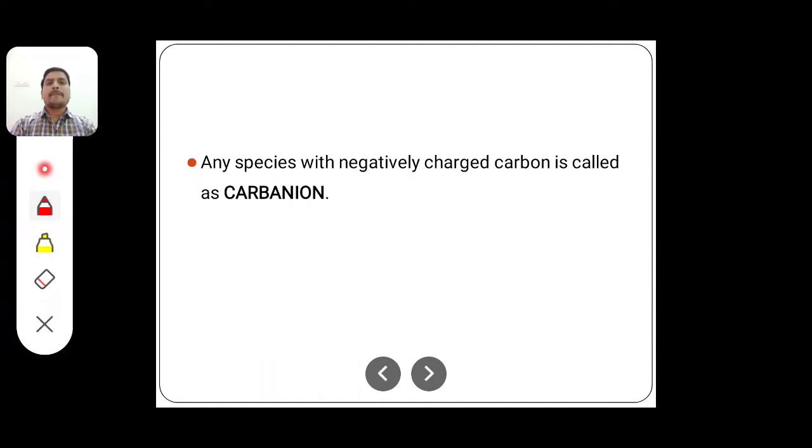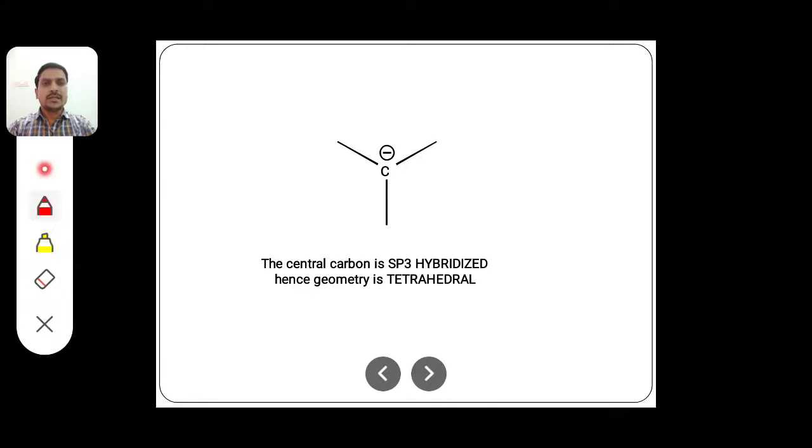First, definition. How you can define carbanion? Any species with negatively charged carbon can be called a carbanion. Any species in which carbon carries negative charge can be called a carbanion. So what is the geometry and hybridization of this carbon which carries negative charge? The central carbon which carries negative charge has 4 pairs of electrons around it, means it contains 8 valence electrons.